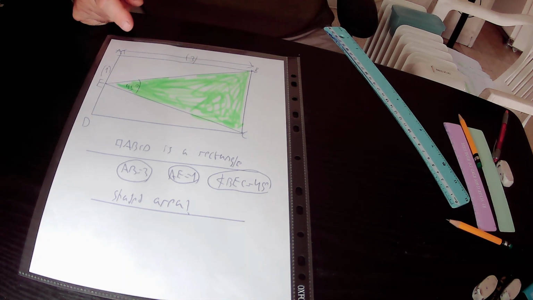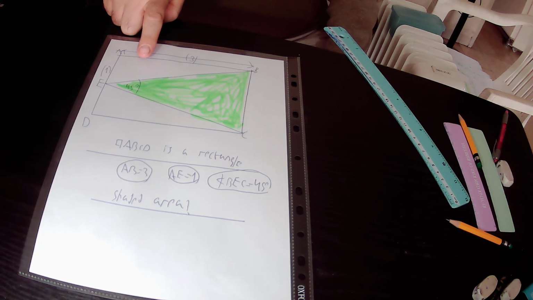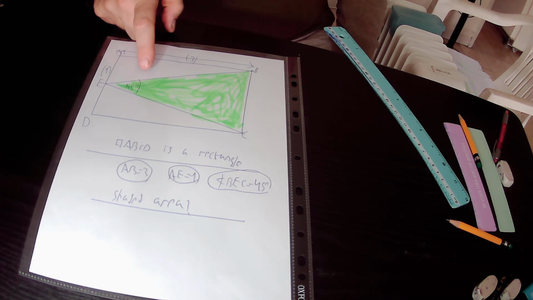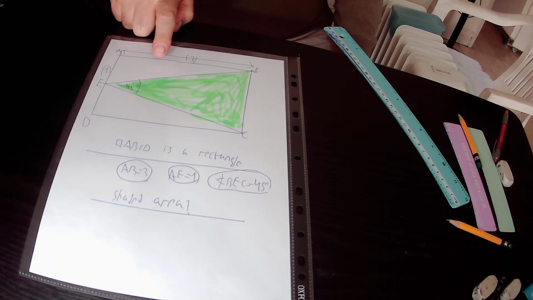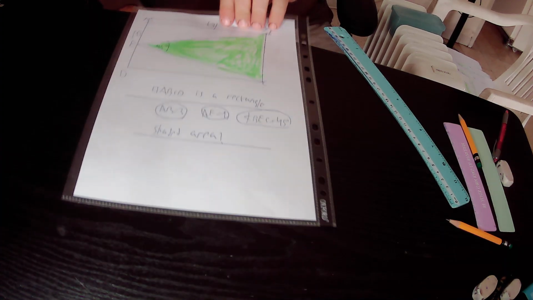The green shape is actually the green tile EBC. This is again BEC, which equals 45 units in its size. Again, our task is to find out the area of this green shape, that is actually the area of the green tile BEC.